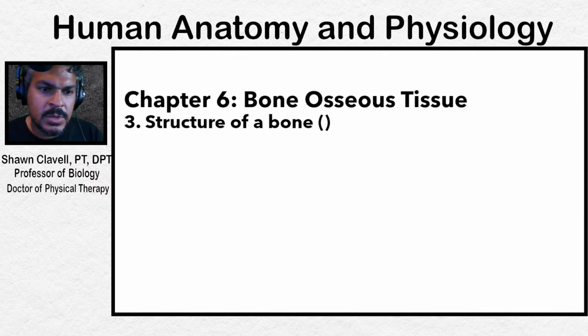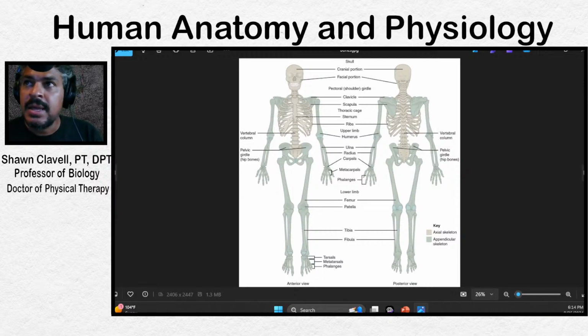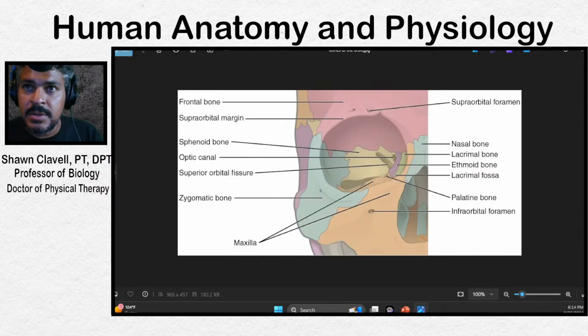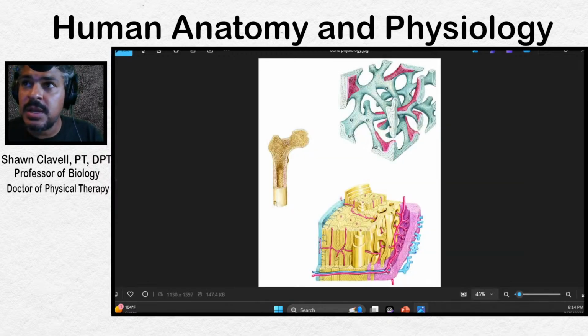Doesn't have a great picture there, but let me show you a couple pictures here. So again, our axial skeleton versus appendicular skeleton. This is kind of what we're talking about as it relates to the structure of bone. Not only the different microscopic components there we would see in the bone as a tissue, but also kind of like the components of the long bone.